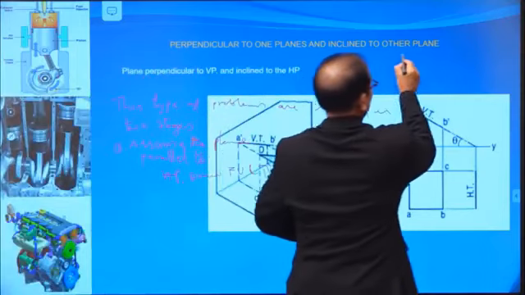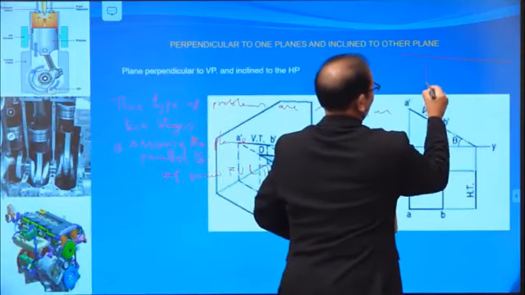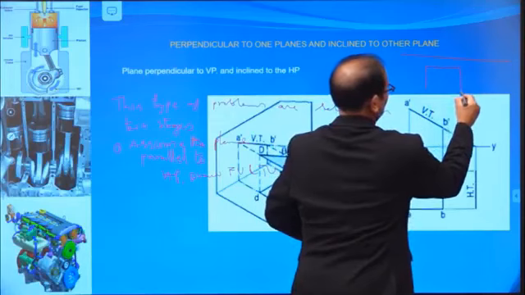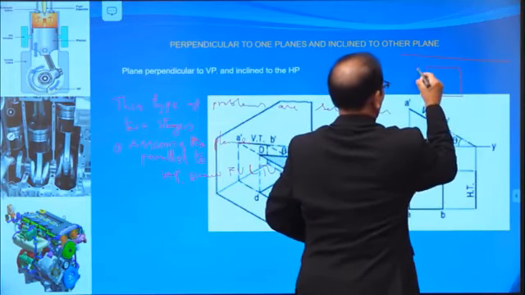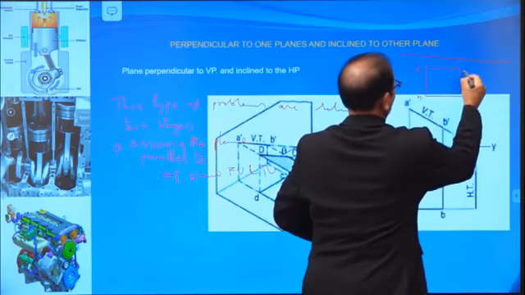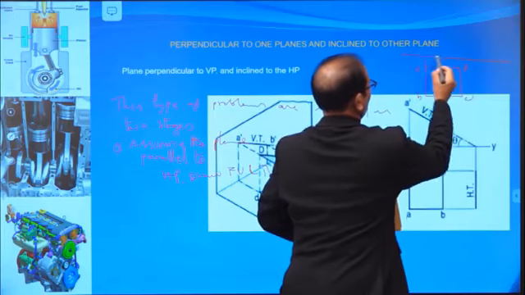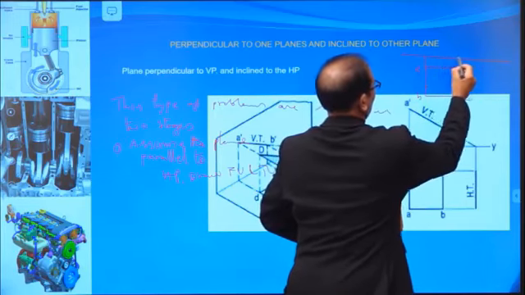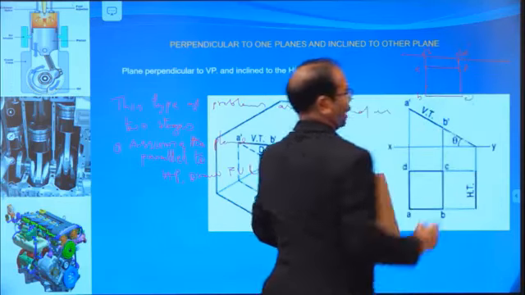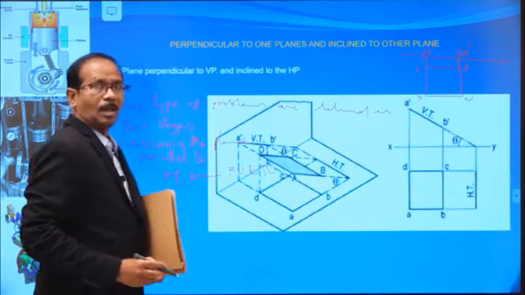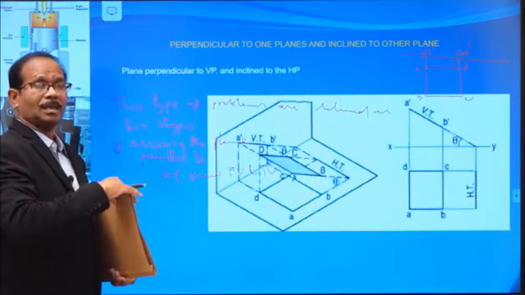For example, the XY line. Now the top view is A, B, C, D. Its front view is A dash, B dash, C dash, D dash. Then tilt to the required inclination.